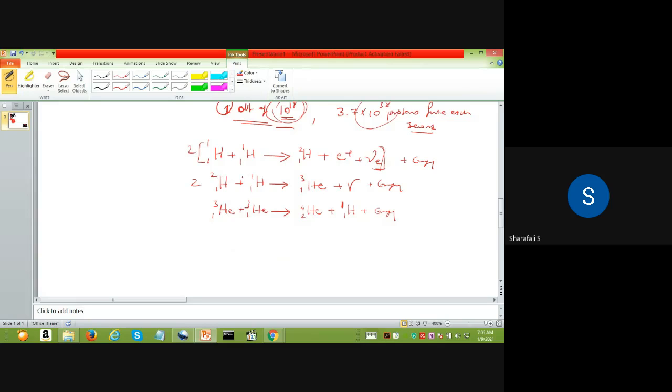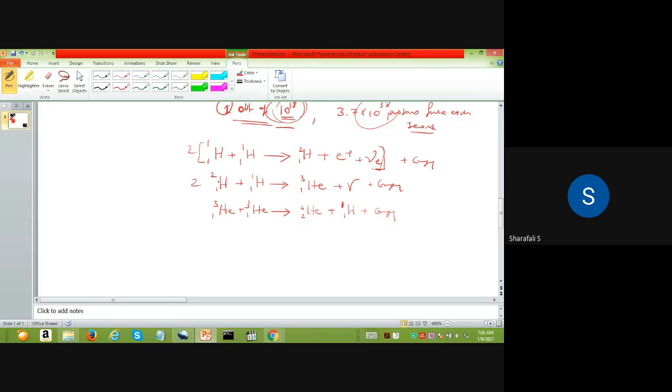Here I am having 1 proton, so that will make a total of 3 protons, and then 2 into 1 neutron, so 2 neutrons are coming.